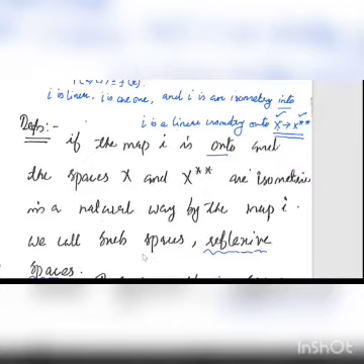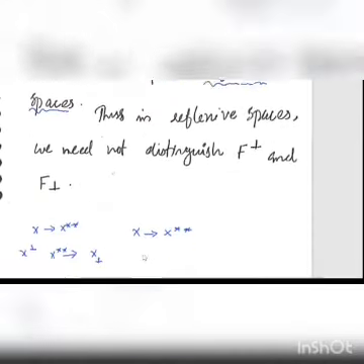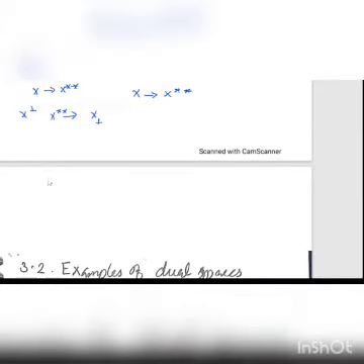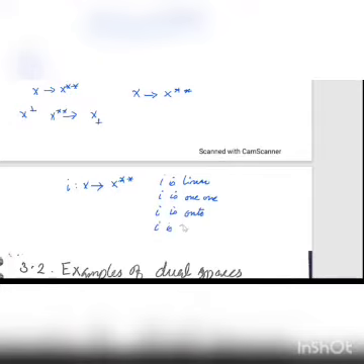I think now it's clear. So reflexive spaces means you will be able to find an I from X to X double star with the conditions: I is linear, I is 1-1, I is onto, and I is a linear isometry.